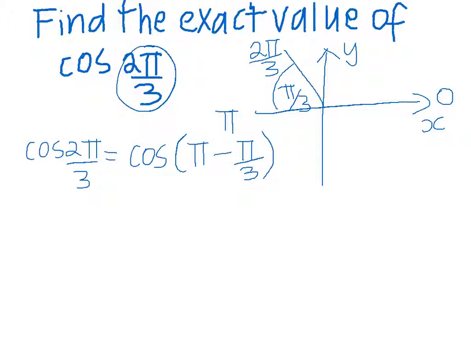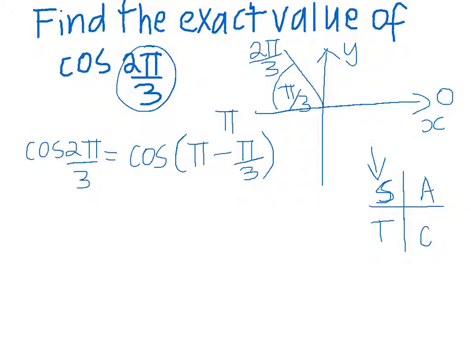Okay, we now also need to draw up our little CAST rule. This tells us which trig function is positive in which quadrant. Now we start down here in the 4th quadrant and we go around. So our angle is in this quadrant here, the 2nd quadrant, and in the 2nd quadrant sine is positive.